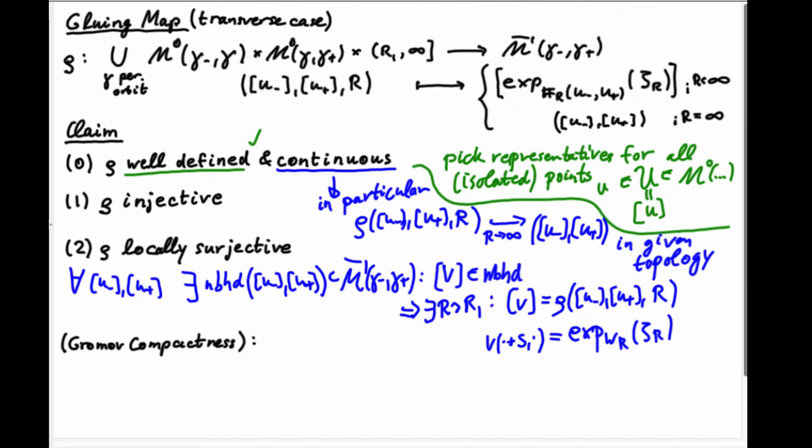I can always pick V to come from U minus and U plus, because that's how you define the neighborhoods of the broken curve. V is in this neighborhood of U minus and U plus, and neighborhoods of U minus U plus are always of that form.